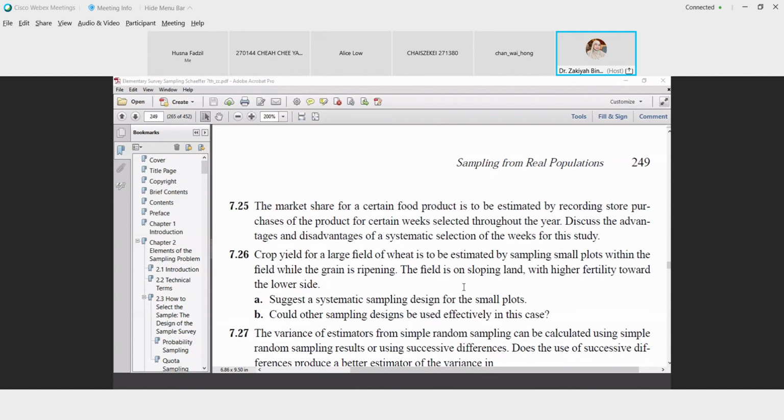Because systematic has got a cycle, so you select every K. If your K happens to match the cycle of the sales or purchases in this case, then it will be problematic. You will get all the high sales, or all the low sales. So systematic, you have to watch out for such. Because sales tend to have cyclical patterns. So when you want to design, make sure you take that into consideration.